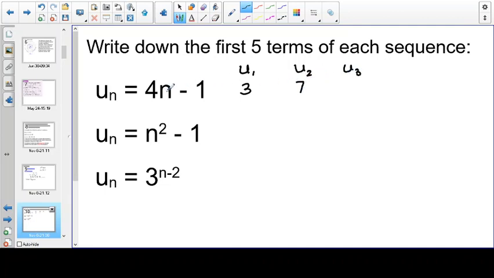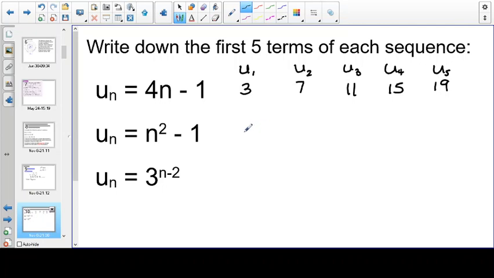U3 is when n is 3. 4 times 3 take 1 is 11. U4, 4 times 4 take 1 is 15. U5, 4 times 5 take 1 is 19. Okay, this one is a linear sequence. It's going up by 4 each time. It's related to the 4 times table.